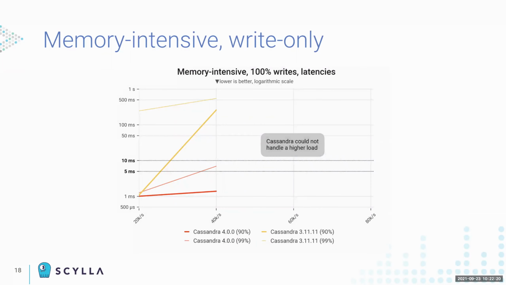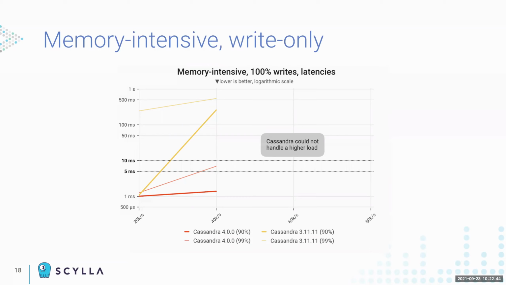When we look at memory intensive results, in this measurement we gathered, it's 100% writes. In the memory intensive workload, Cassandra can achieve up to 40,000 operations per second. And the latencies of Cassandra 4 are much better.